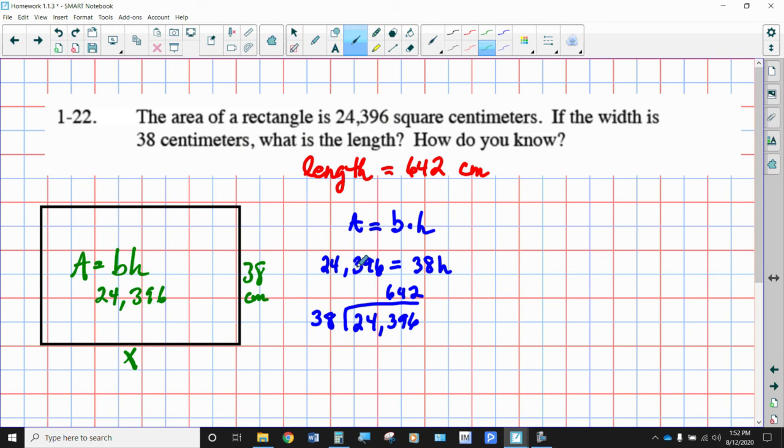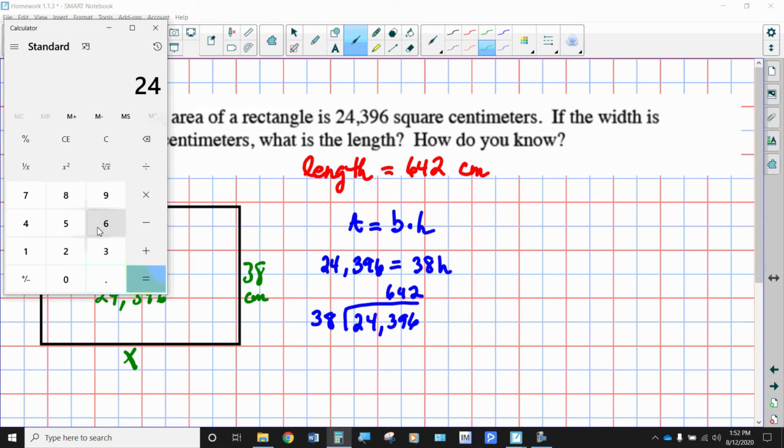24,396. So let's replace the area with our 24,396, and then we'll replace the base. We can call that 38. It doesn't really matter where these two numbers go, but here you see 38 times something gives you 24,396. So that something has to be 24,396 divided by 38, and I fully expect everyone to just go ahead and use their calculator for a problem like this.